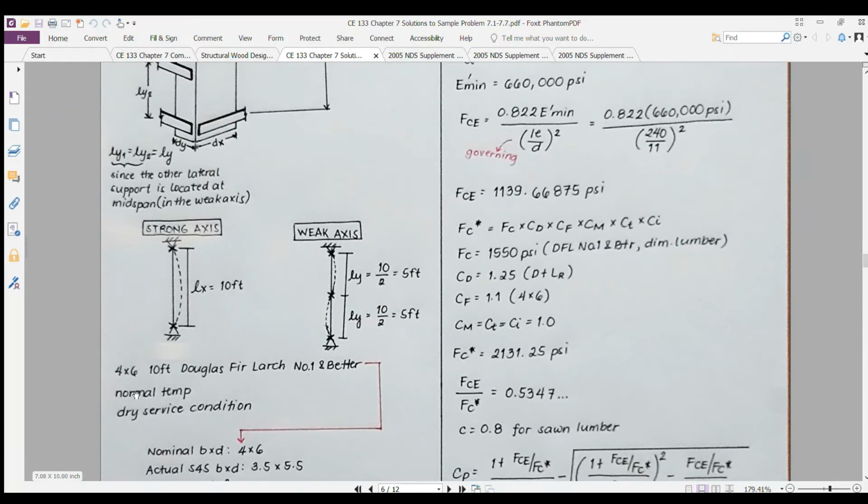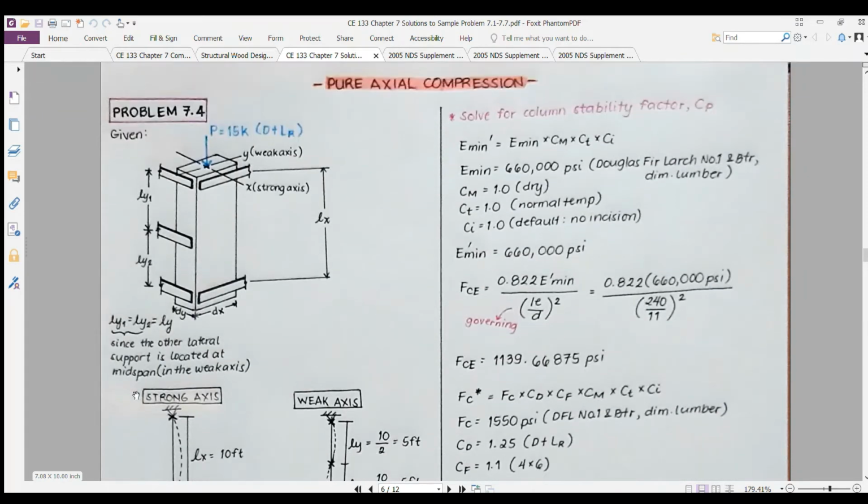Next, we need to solve for the column stability factor C sub p. So we need to get the adjusted E mean, which is equal to the E mean base design value multiplied by C sub M, C sub t, and C sub i.